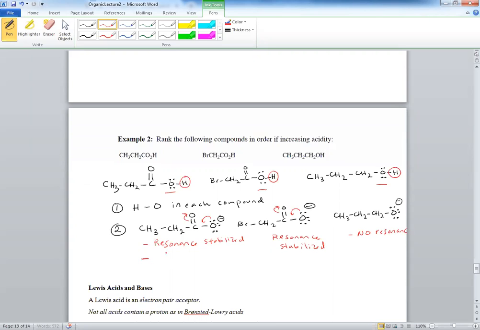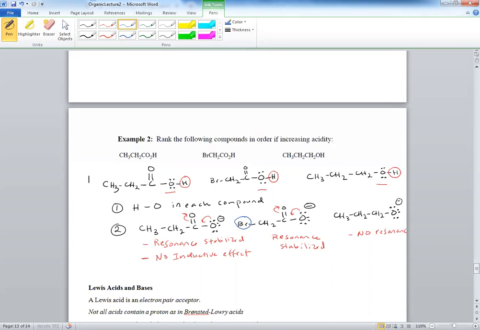Anything else other than resonance? Doesn't seem like there's a halogen or an electronegative atom nearby, so there's no inductive effect. Now, does this one have any? Yes. So we have Br right here, right?